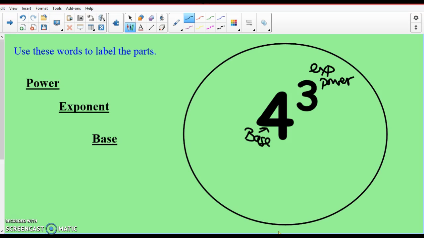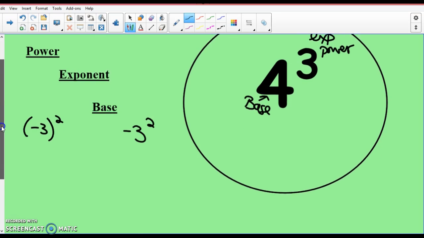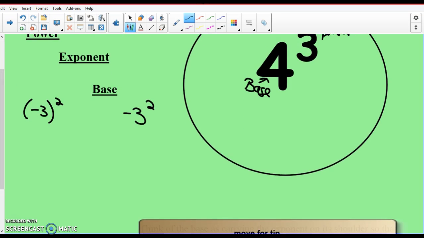You must understand this. If I gave you this problem, write these 2 problems down. Are these 2 things the same or different? What do you think? They are different. This, when it has parentheses, what is being squared in this problem?